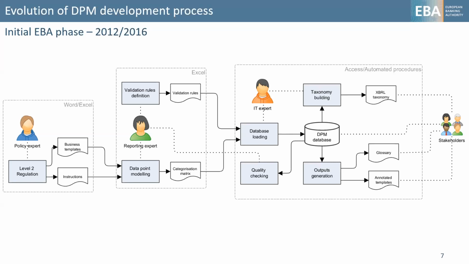And basically, what was done at that time was to develop, to formalize the model, and then to implement the model in a database, in an Access database. So this was changing quite a lot the process, and what we have done.